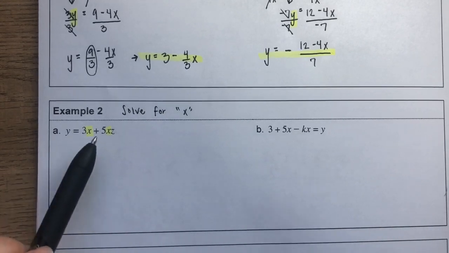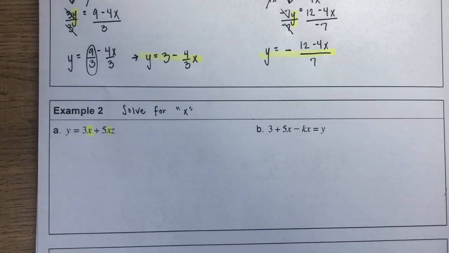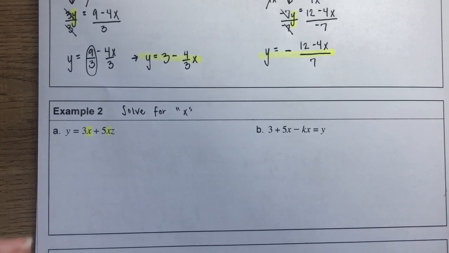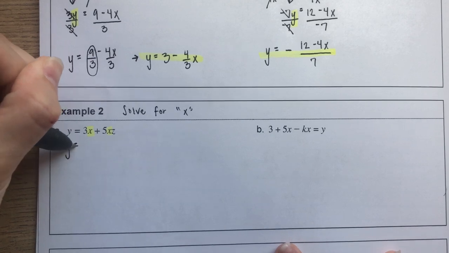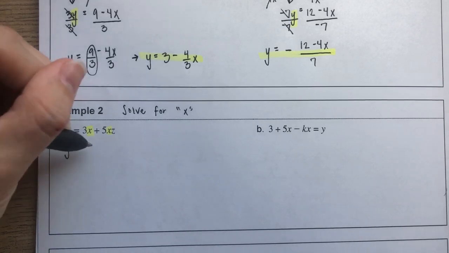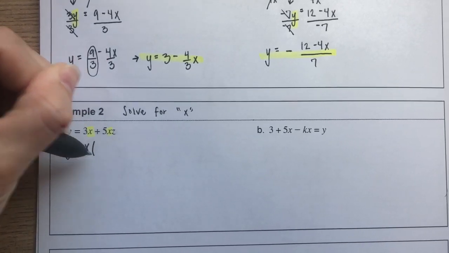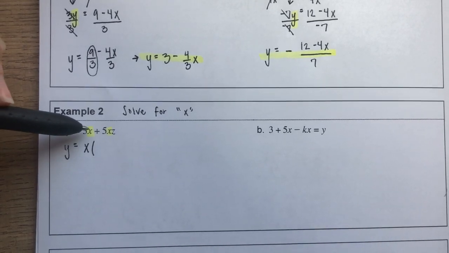Whenever you have multiple terms with the variable you're solving for, you'll have to factor that out or do the opposite of distributing. So y equals, when I distribute, I multiply something in, so now I'm going to take this x out, and then what's left over goes in the parentheses. When I take the x out, I'm really dividing it.